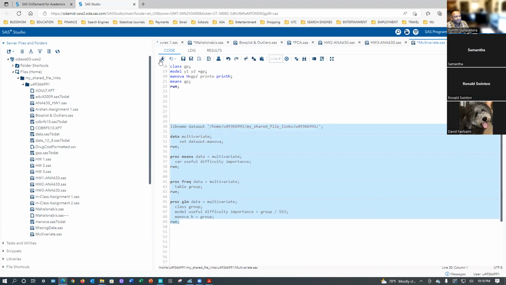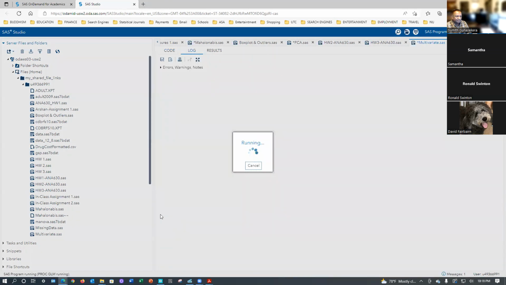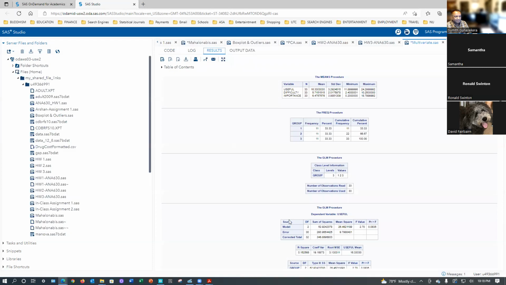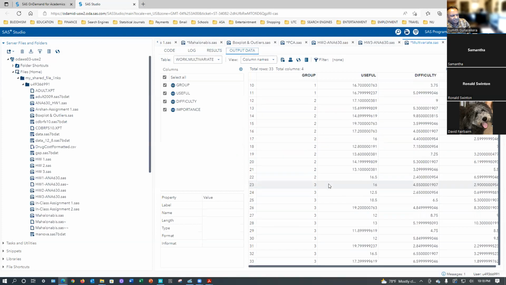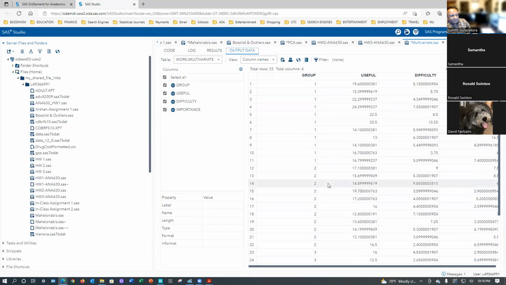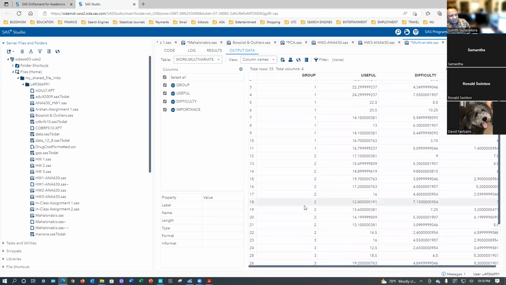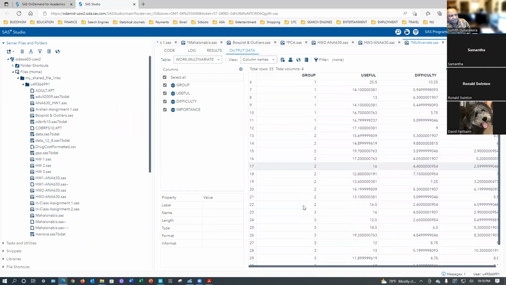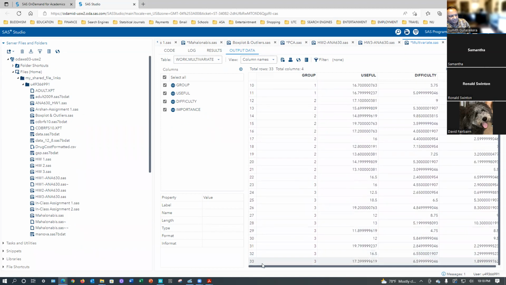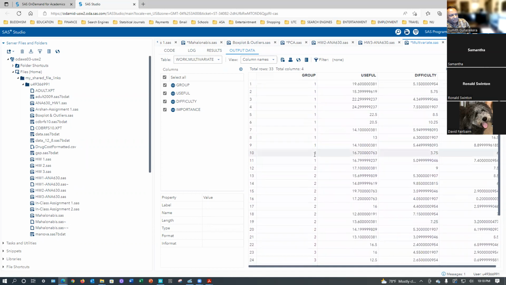I can run and check the means too if you want. These are the means for the, that one has 33 individuals.